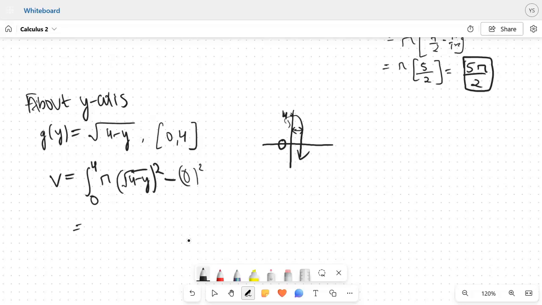Now if we try solving that, remember we can put the pi outside, and the square root and the square are going to cancel, so it's going to be 4 minus y.